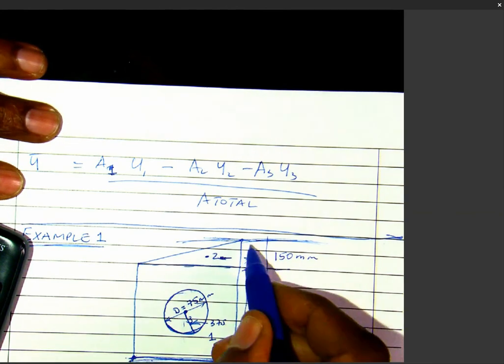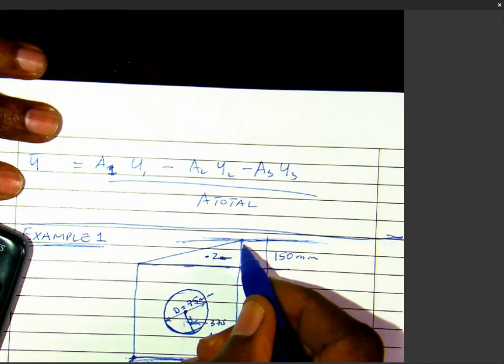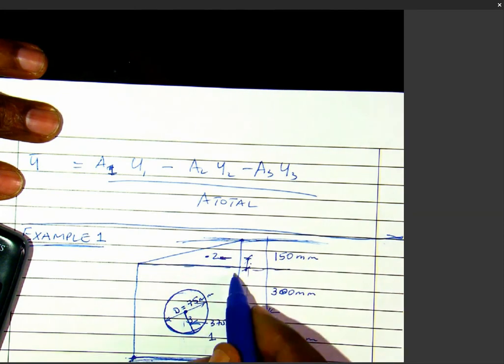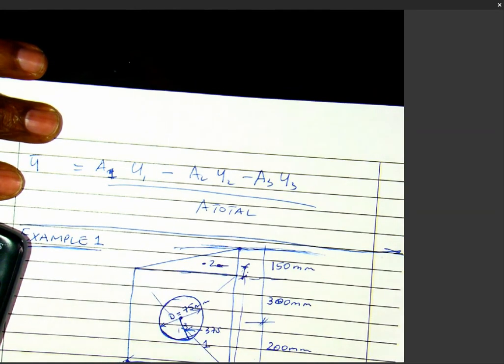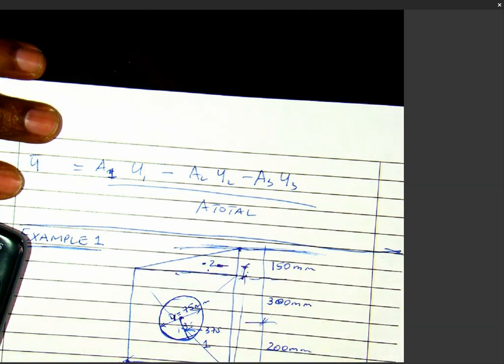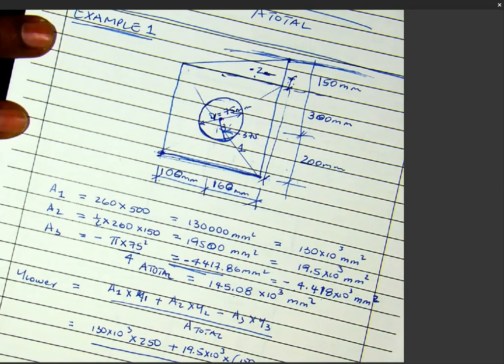So I want the distance from the far top to the center of this area. I know that distance from there to there is 250 because it's half of 500. But I must add 150 because I want the distance to the far top. So I'm taking moments about the top. So it's 250 plus 150, 400.